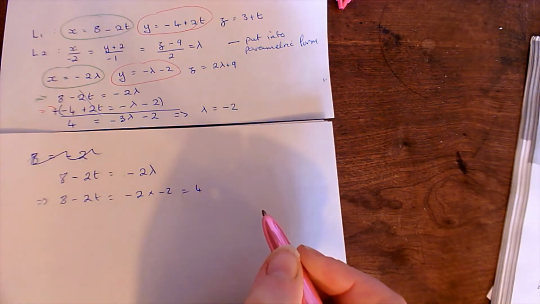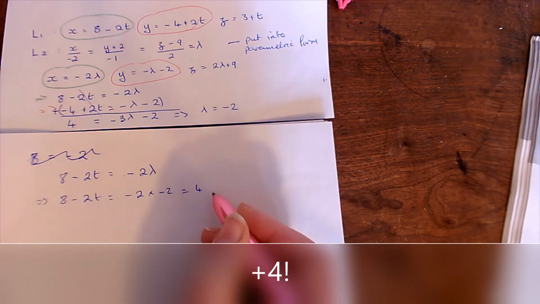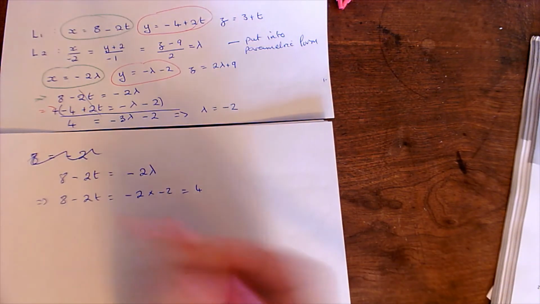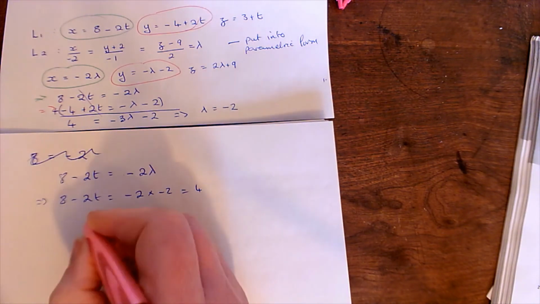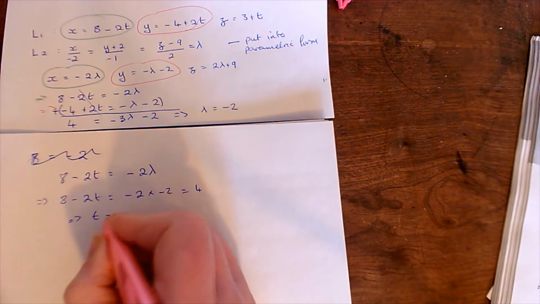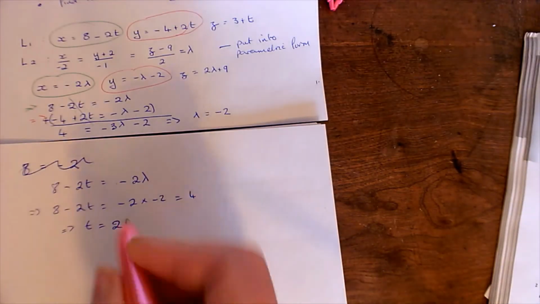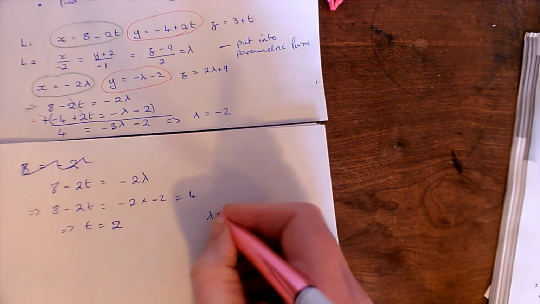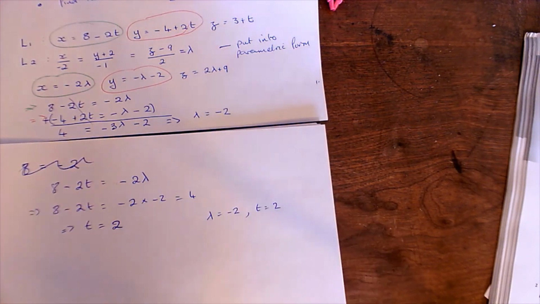So if 8 minus 2t equals minus 4, then minus 2t equals minus 4, so t equals 2. Okay, and so we've worked out lambda and t. So we've got lambda equals minus 2, and we've got t equals 2.